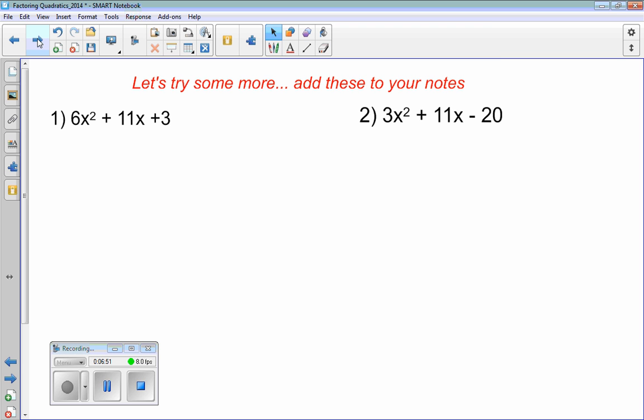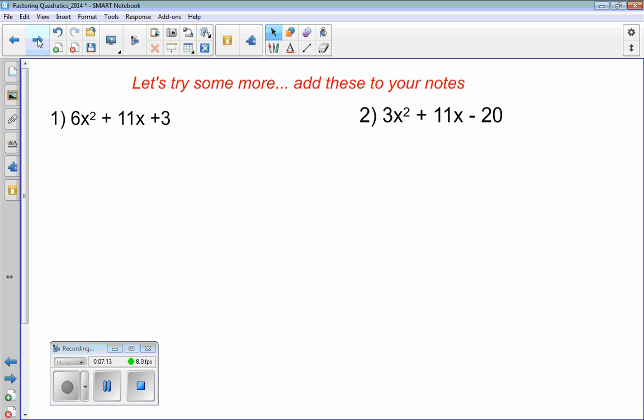What is always the first thing you want to look for? The GCF. Looking at the first example here, is there a GCF that I can take out of all three pieces? Well, 3 doesn't go into 11. If it was a 12, I would agree with you.